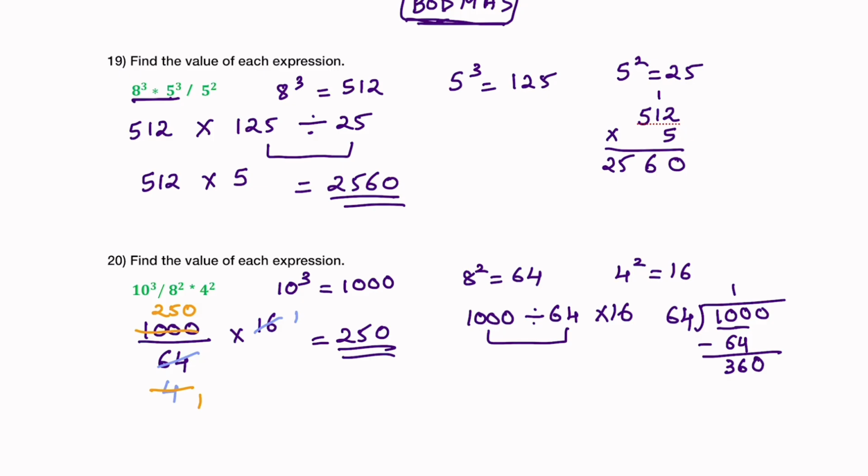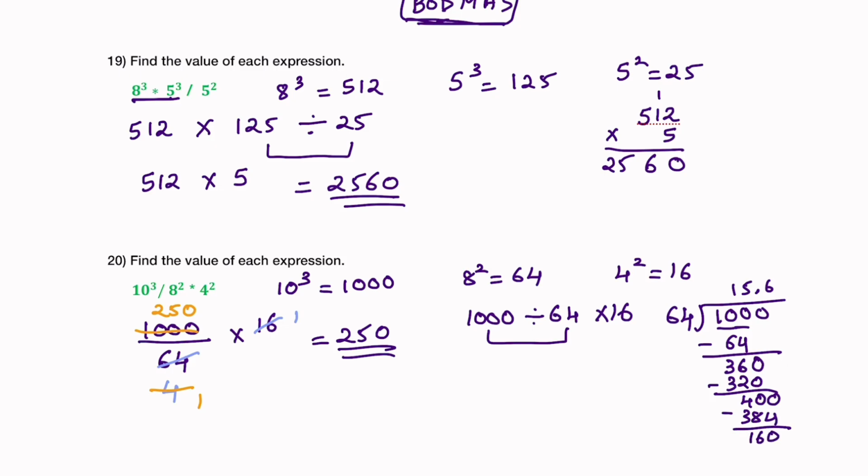We put 0 there, and 64 goes 5 times, and that is 320. 40 is the remainder. We now put 0 and of course the decimal here, right? And 64 times 6 is 384. So we have remainder of 16.